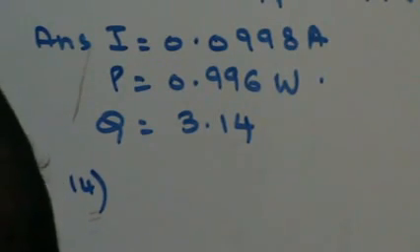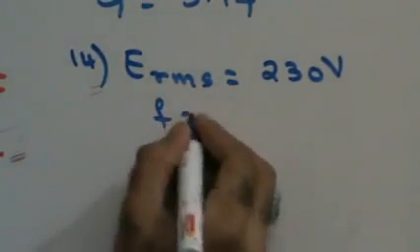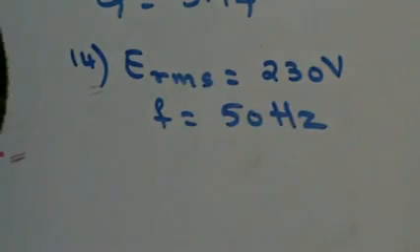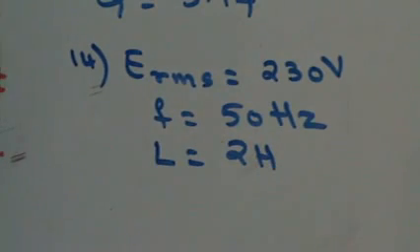An AC voltage of 230 volts, 50 hertz is connected in series with a combination of 2 Henry inductor and a capacitor.